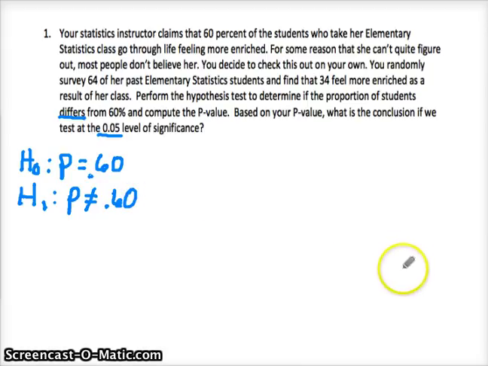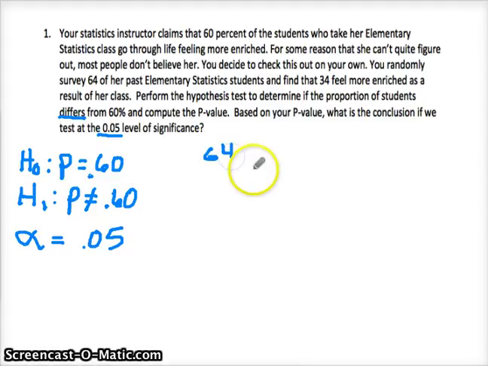All right, okay. Let's see. First of all, do we have an alpha level? Yes, the alpha level is 0.05. Now, we did a sample, didn't we? You randomly surveyed 64 of our past elementary statistics students, so N is 64. You found that 34 feel more enriched, so they are in the category that you want.